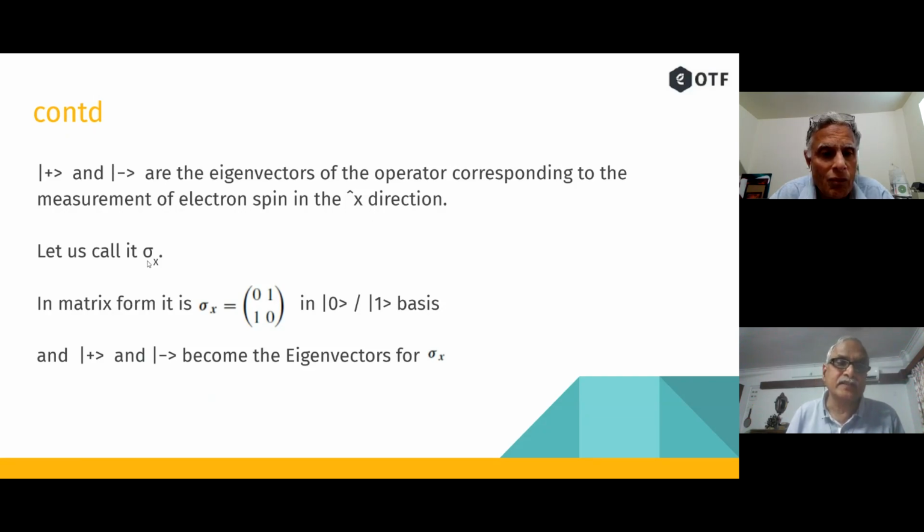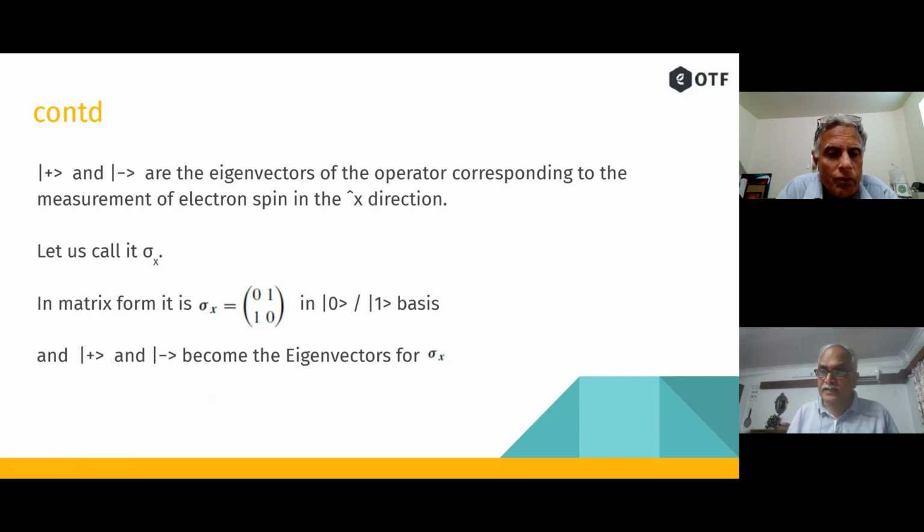We represent it as sigma x, which in matrix form is 0, 1, 1, 0, once again in the 0, 1 basis. Using this, you can prove that ket plus and ket minus become the eigenvectors for sigma x. So what we conclude is that it depends upon what you are trying to observe, what your basis vectors are, and what your basis is.